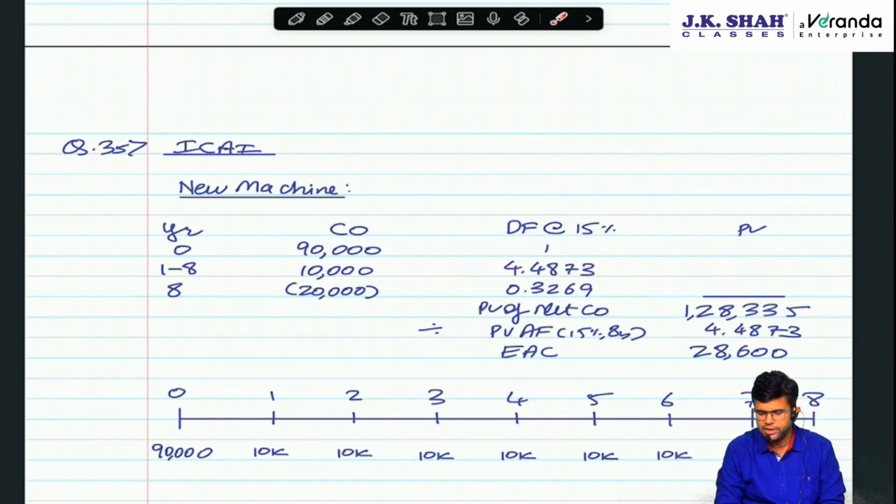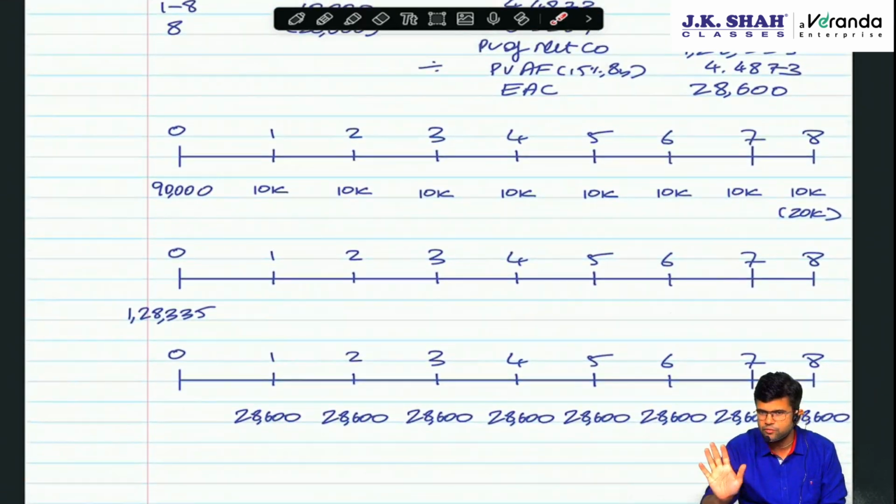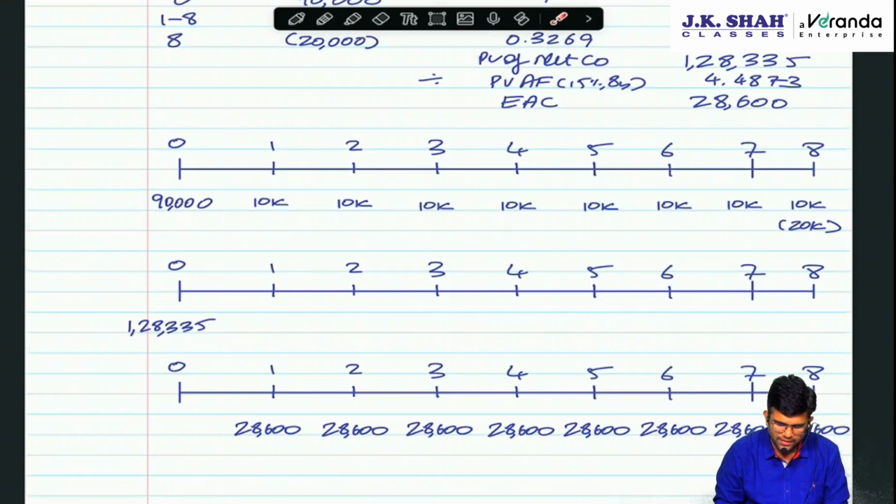Have you reached till 28,600? Okay. Students, if you want, you can write down the explanation of EAC in these 3 time scales.